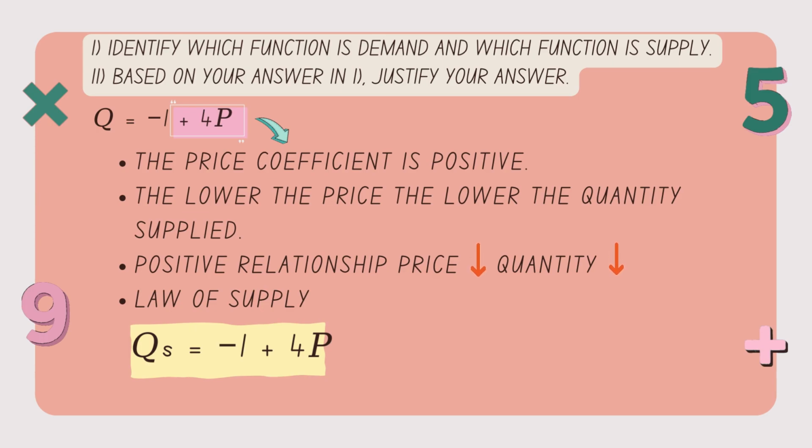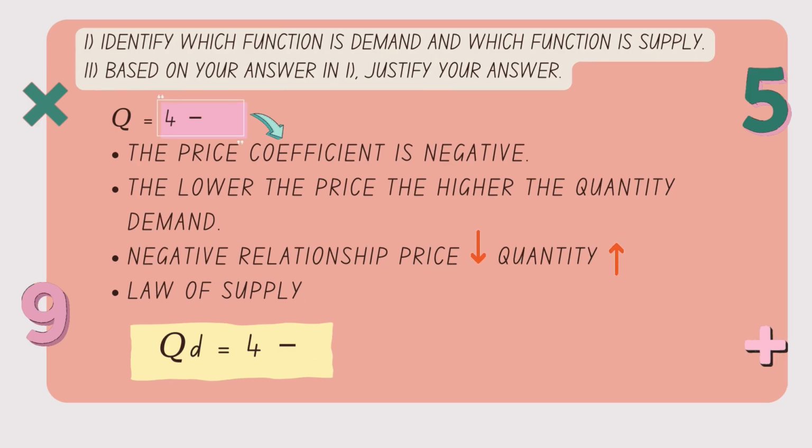Looking at this question, this equation has a positive price coefficient, which explains that this is a supply function, where the relationship between price and quantity is the same: the lower the quantity, the lower the price, and the higher the quantity, the higher the price.